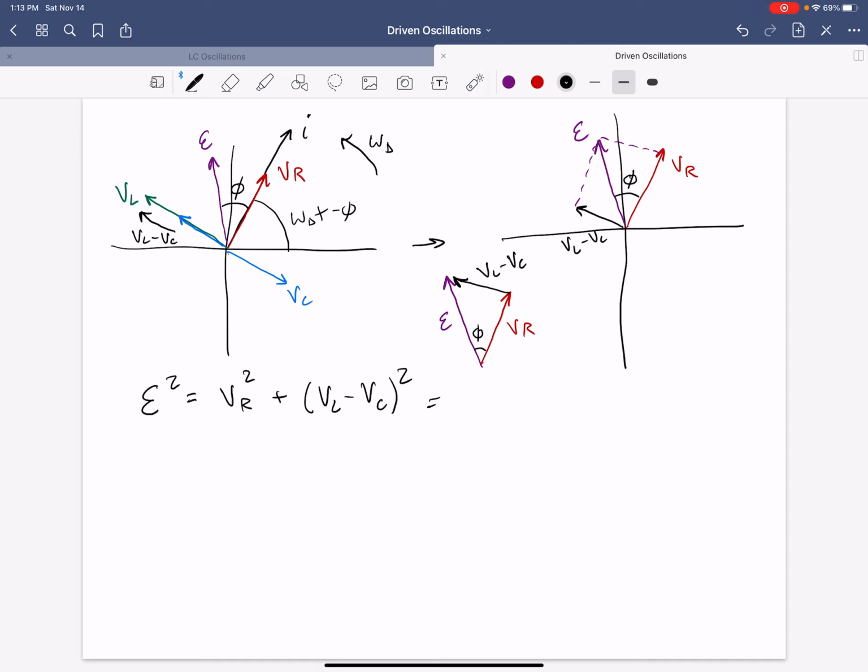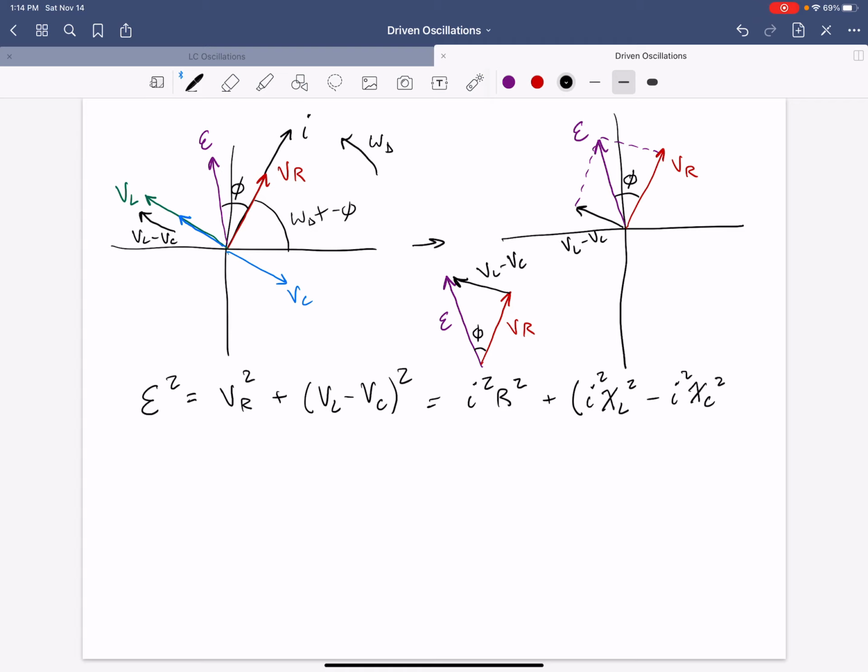The voltage for VR was IR. For VL, remember, it was I times chi L, and for VC, it was I times chi C.